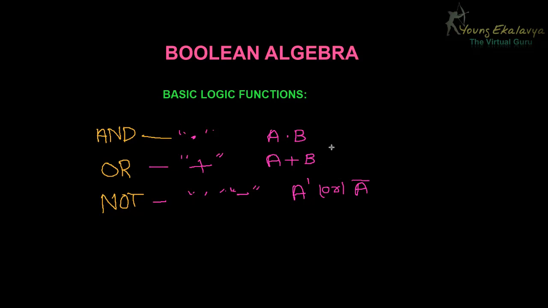So I repeat it again. Here in the basic logic functions, AND, OR and NOT, AND is represented with a dot, OR with a plus symbol, and NOT with this.